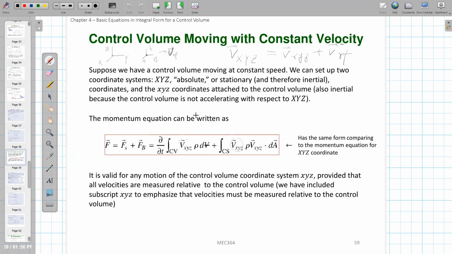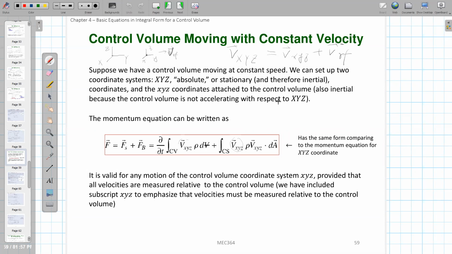There are two reasons. The first is that it's still an inertial frame because it's a constant velocity, so Newton's second law still works. The second is that the velocity difference between the new frame and the old frame is a constant value.